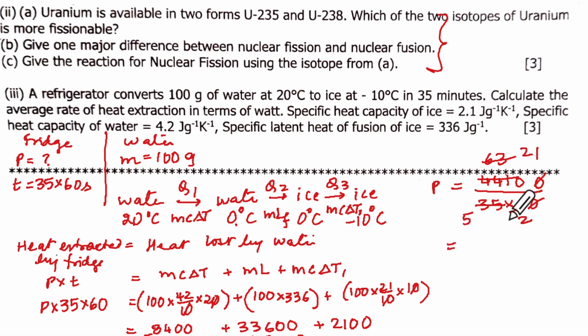Now can you see 21 upon 10? Yeah, can you see that? So 2.1 watt. Okay, so we have finished with this. The main important thing over here is whenever there is change of state, make sure that you draw the schematic diagram.